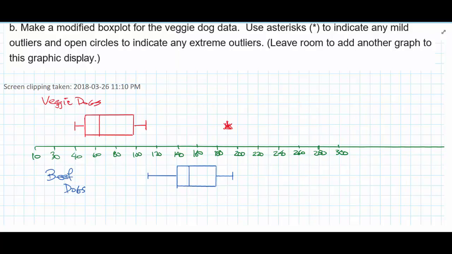You should, however, note the outlier for the veggie dogs. The outlier for the veggie dogs has almost as many calories as the beef dogs do. Anyhow, there's the data, and that's it.